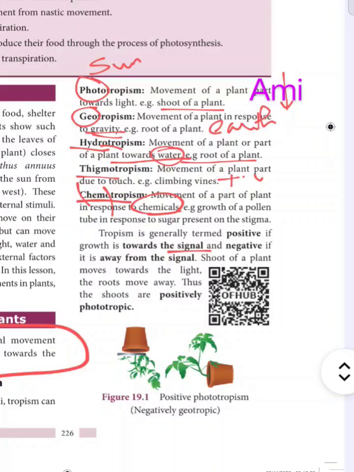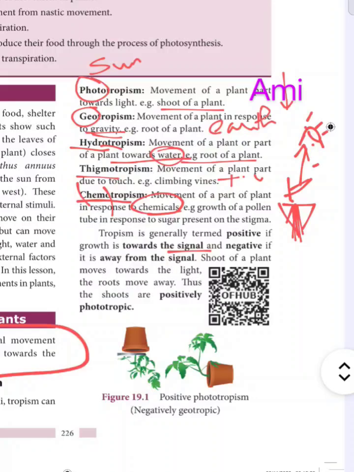You can take an example. I will draw it separately, that is fine. Here you have sunlight. Here is a plant. Here is its shoot system and this is the root system. Now the shoot system grows towards the stimulus, sunlight.